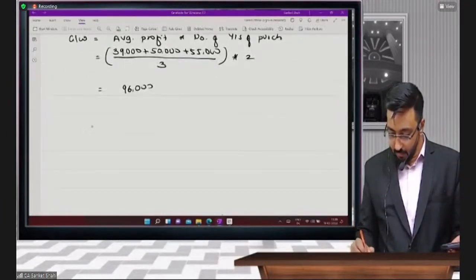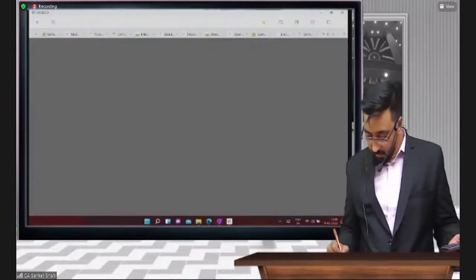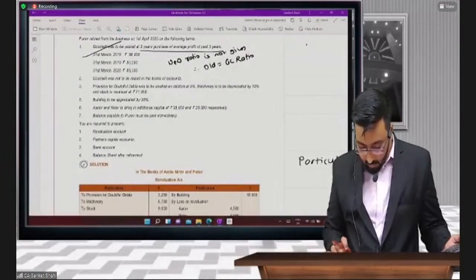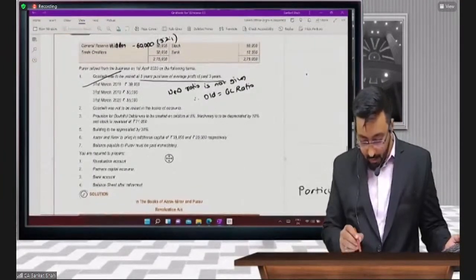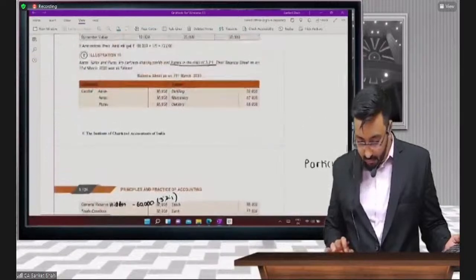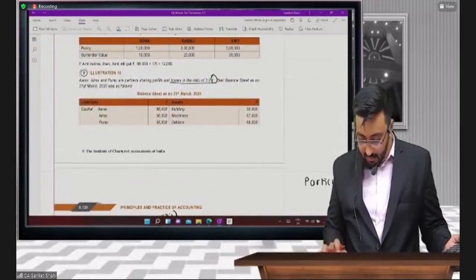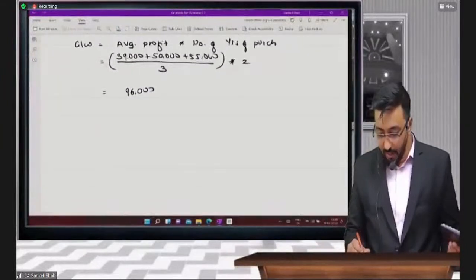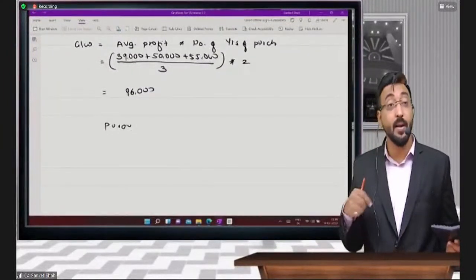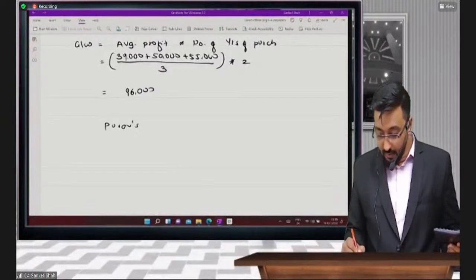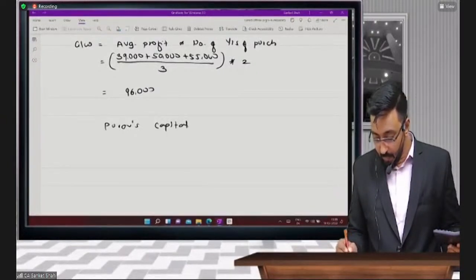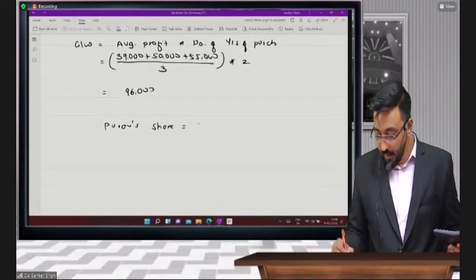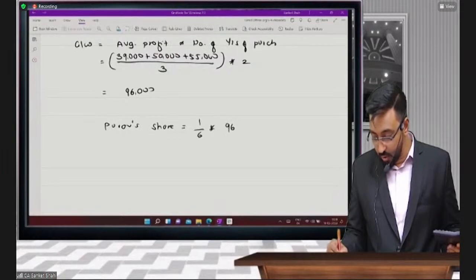Now who is going to retire? Who is going to retire? Purav retired. Okay, so Purav's share is 1 by 6. So retiring partner. Now see, it's a reversal of admission problem. Purav's share is 1 by 6 into 96,000.